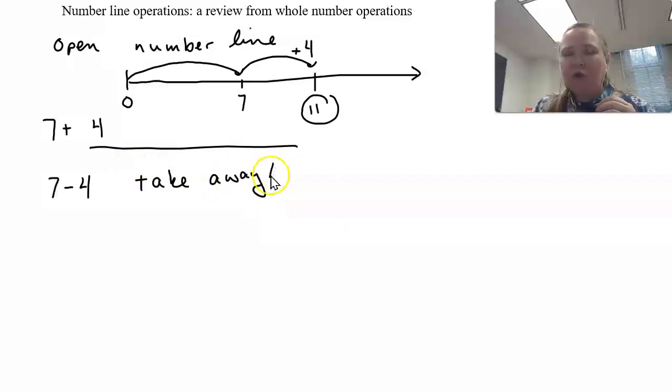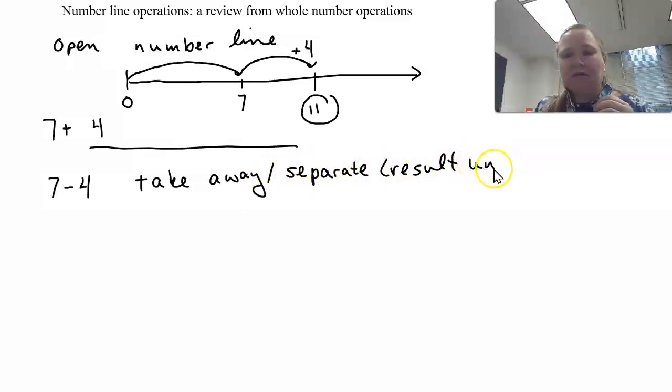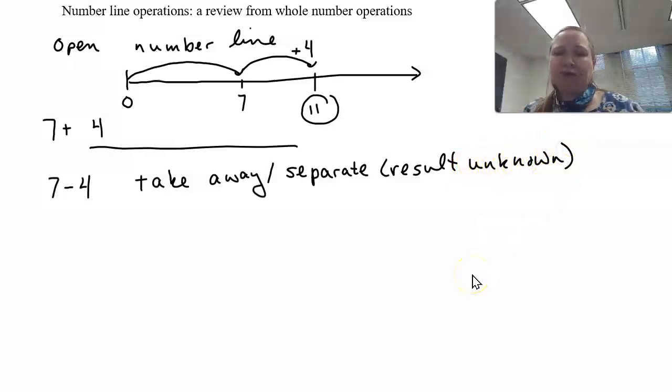And when I write a word problem, I call that a separate. And this is going to be a separate result unknown. So that's what I'm going to call it when it's a word problem.